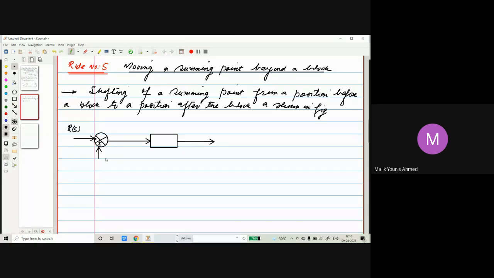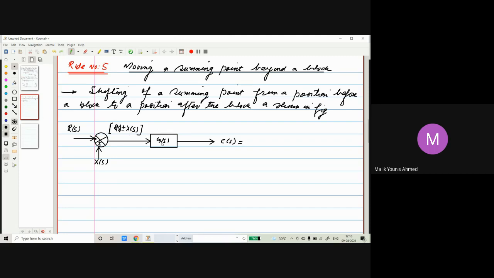R(S) is this one, and here we have X(S). So this is R(S) plus minus X(S). That's what we are getting here. And here we have a transfer function, and output is as usual C(S). Now C(S) will be equal to what?